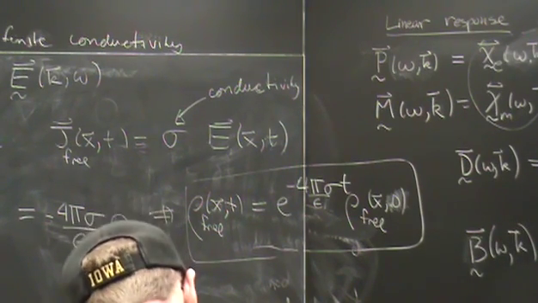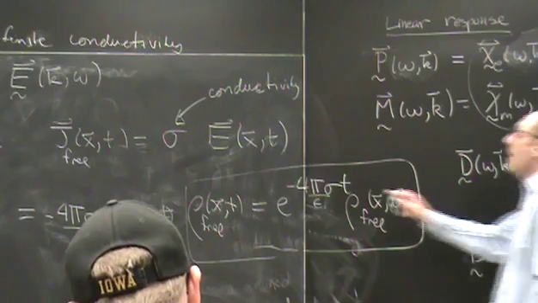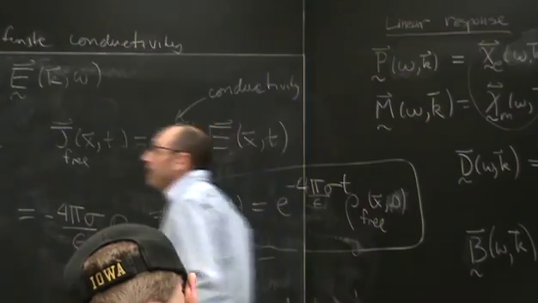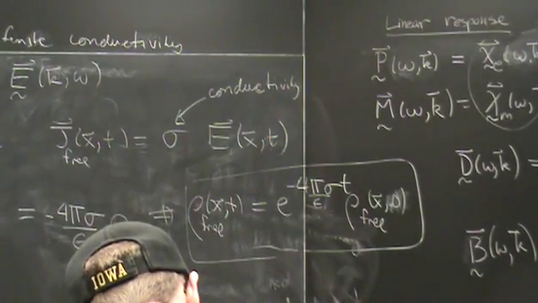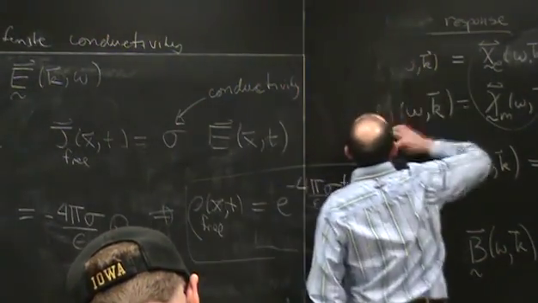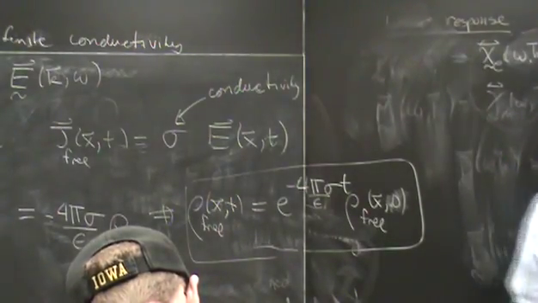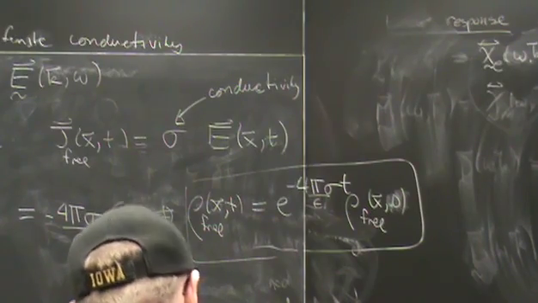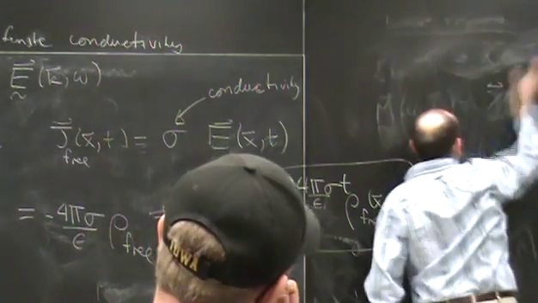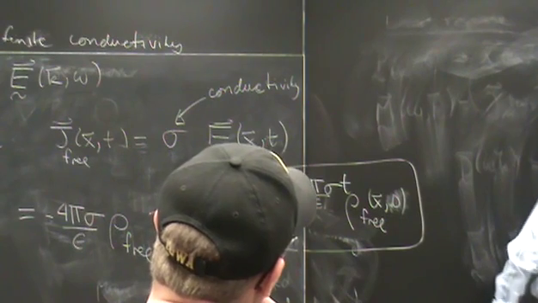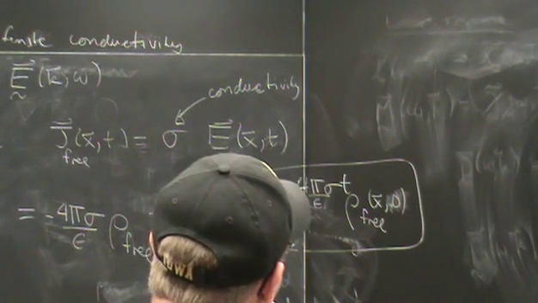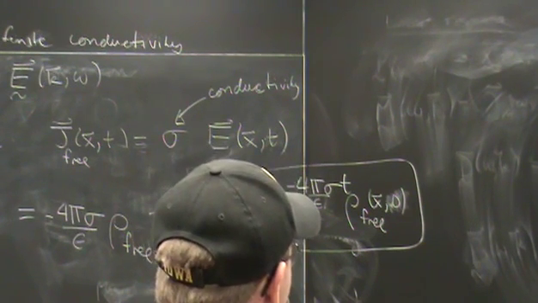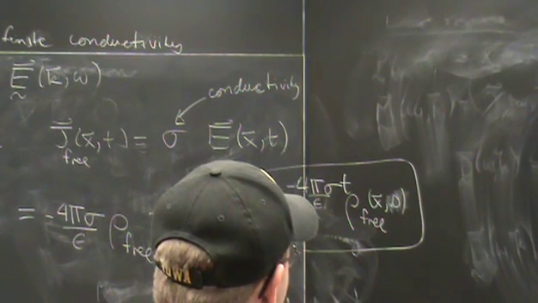So what this tells us is that if I have a reasonably good conductor, after a time that is inversely proportional to the conductivity, and conductivity has units of a rate in CGS. It's related, as you remember when we talked about the Drude model, to the rate of collisions that give rise to the finite conductivity in a real solid, or whatever the material is.